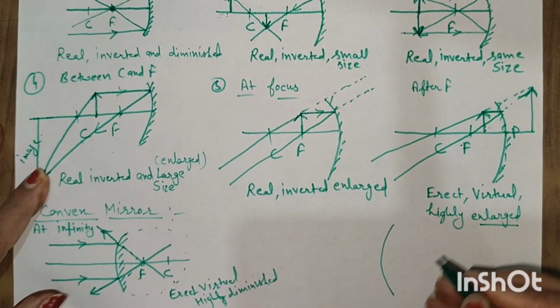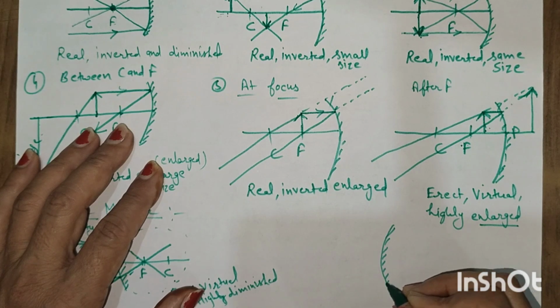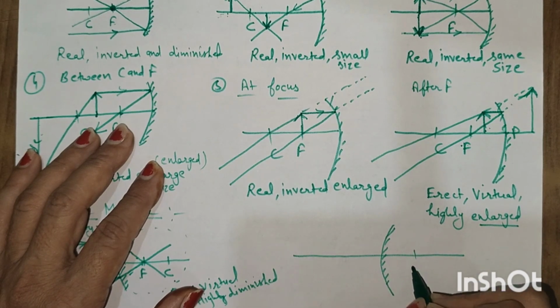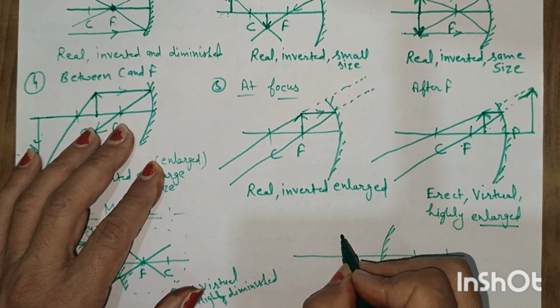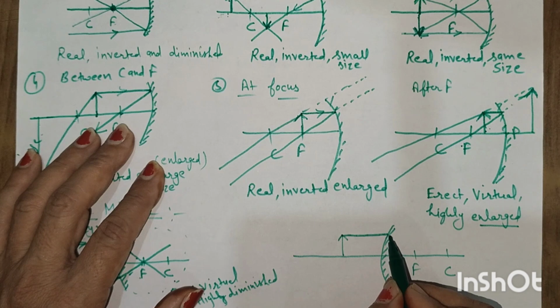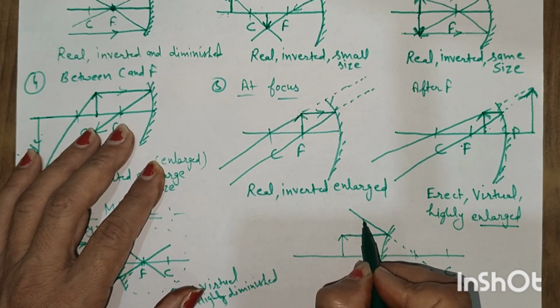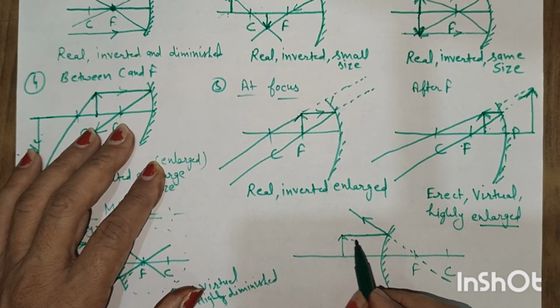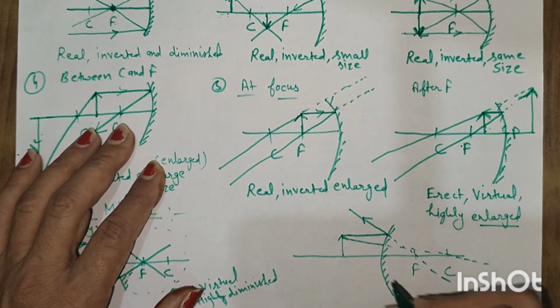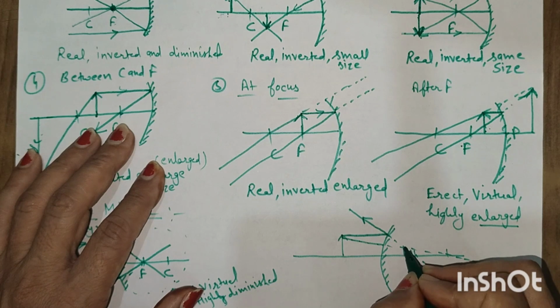Now in the second position, we will take the object anywhere. Here is F and C, anywhere we can put the object. According to the first rule, it will go parallel to the principal axis, then pass through the focus and reflect back. Now the ray passes through the center of curvature, and the image is formed here because both the rays meet here.